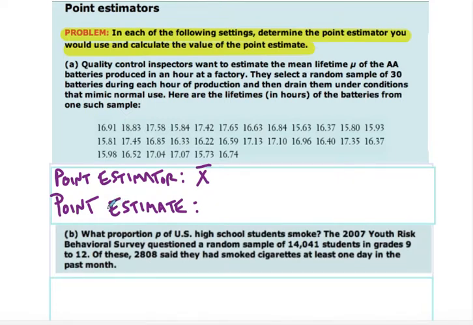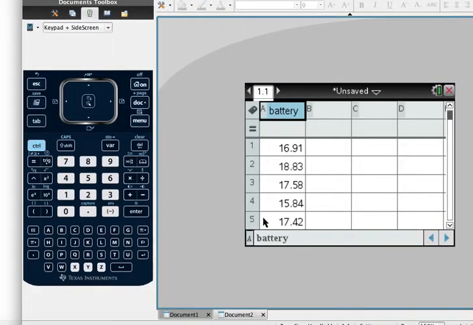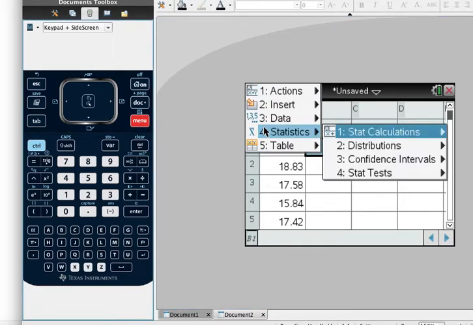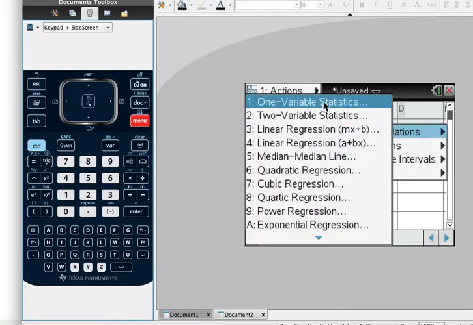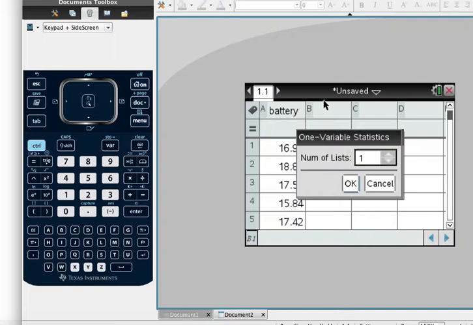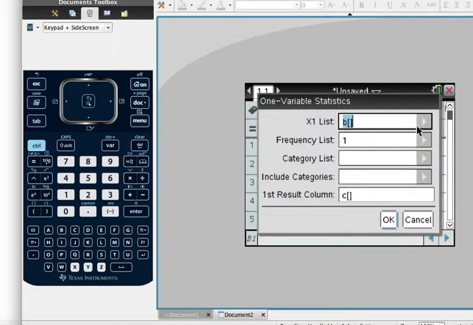So we would need to go to our calculator, type all the data in, give it a name at the top, and actually find the mean. We do menu, statistics, stat calculations, one variable stats, one list.